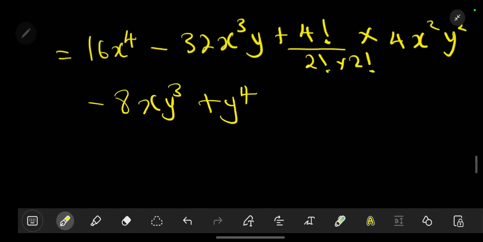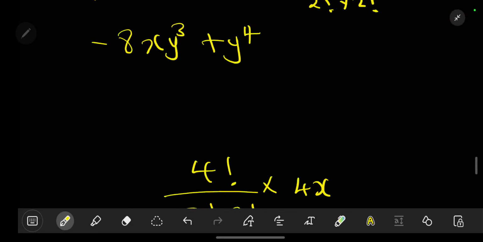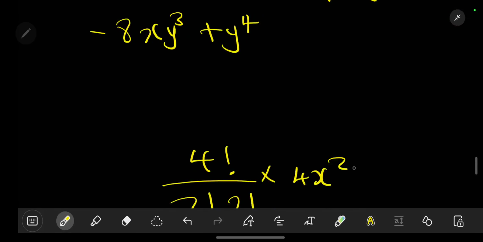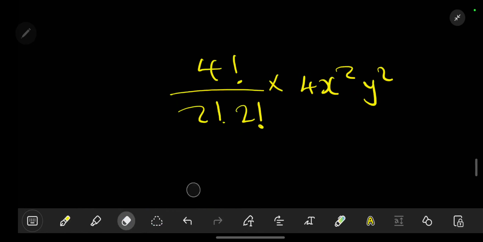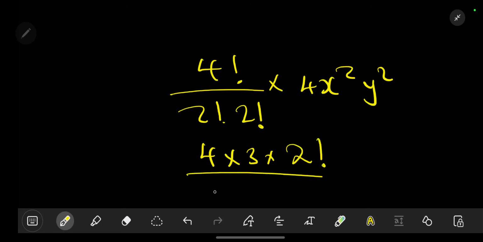Then we have times our 4x to the power of 2, y to the power 2. So we are going to have a value that is equivalent to 4 factorial is the same as 4 times 3 times 2 factorial, since that's the value there. Then you're going to say 2 factorial times 2 factorial like that.